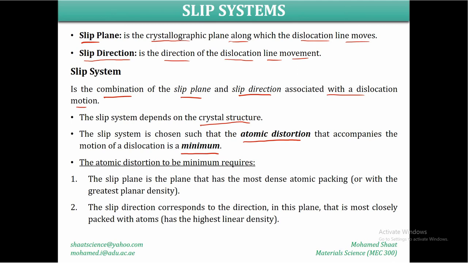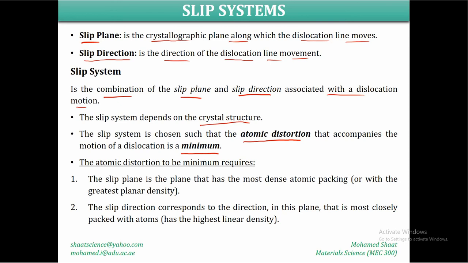All the time the material tries to minimize or eliminate the dislocation movement, because as we discussed, as there is a dislocation movement, there is a lattice distortion, there is atomic distortion that is going to take place. And this is something unusual to the material, and the material tries to minimize the atomic distortion, or the lattice distortion, because of the dislocation movement.